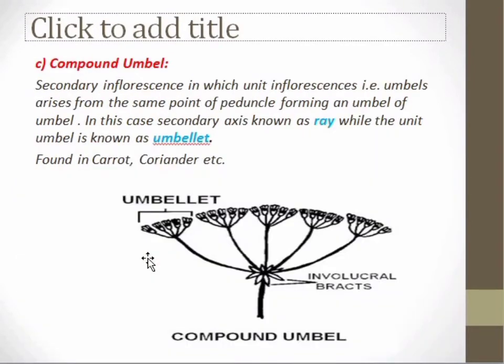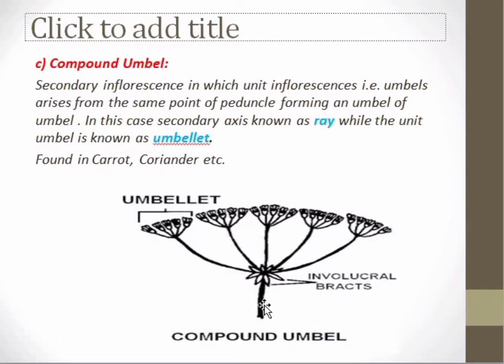The other one is compound umbel. In this case, a secondary inflorescence in which the unit inflorescences, i.e. umbels, arise from the same point of the peduncle, forming an umbel of umbels. In this case, the secondary axis is known as ray, while the unit umbel is known as umbellet.